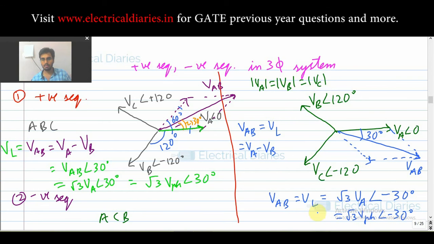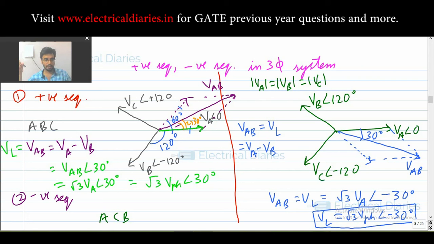This is a very important conclusion: in the positive sequence, your V line leads the V phase by 30 degrees, but in the negative sequence, your V line lags the V phase by 30 degrees. That's why I drew these two cases. A similar analysis you can do in the case of the delta.